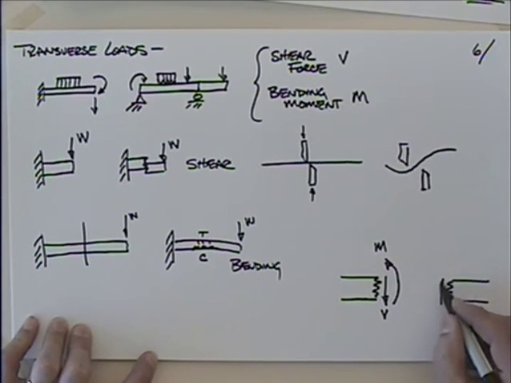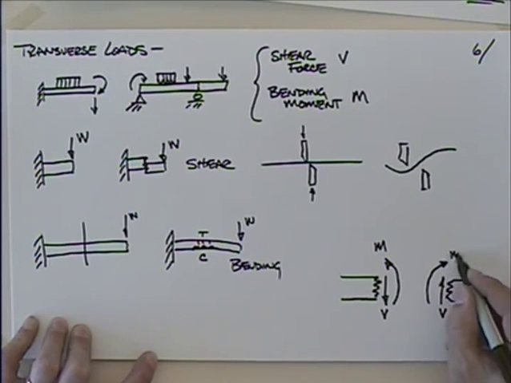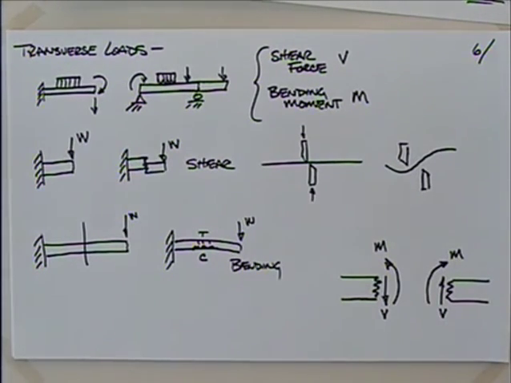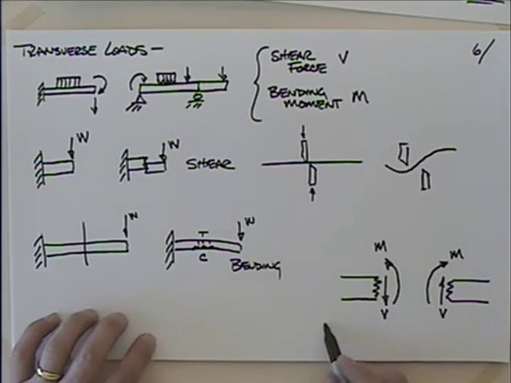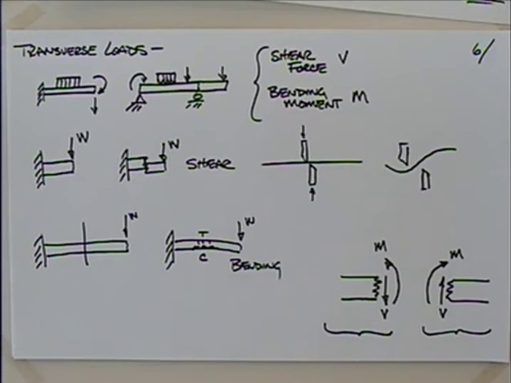Or here, your shear is going to be acting up, and your moment is going to be acting clockwise. If you think about putting these two pieces back together, do those cancel out? Yeah, absolutely they do, and they should. So if we approach it from the left-hand side, we'll be drawing this one. If we approach it from the right-hand side, we'll be drawing that one. And that's unfortunately one of those things you just have to memorize. Questions with that?